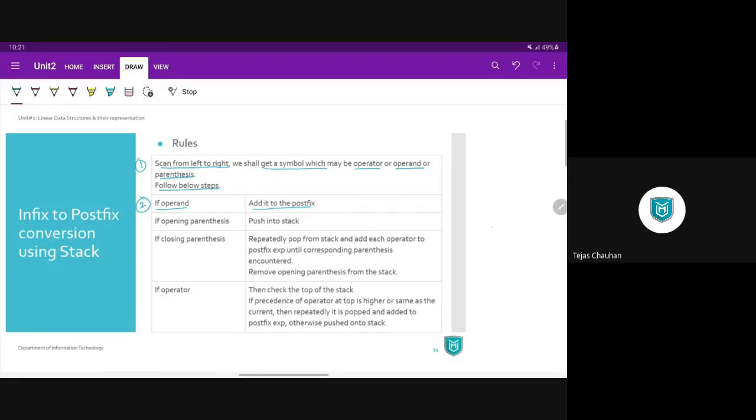Now if it is not an operand, then we go for the next step and we check whether it is an opening parenthesis. Now if it is an opening parenthesis, then what we do is we push that opening parenthesis into the stack.